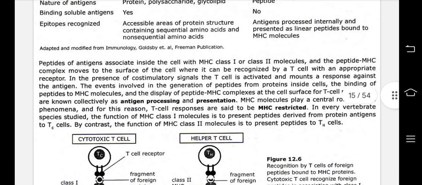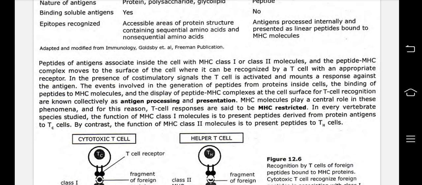Peptides of antigens associate inside the cell with MHC class 1 or class 2 molecules, and the peptide-MHC complex moves to the surface of the cell where it can be recognized by a T cell with an appropriate receptor. In the presence of co-stimulatory signals, the T cell is activated and mounts a response against the antigen.